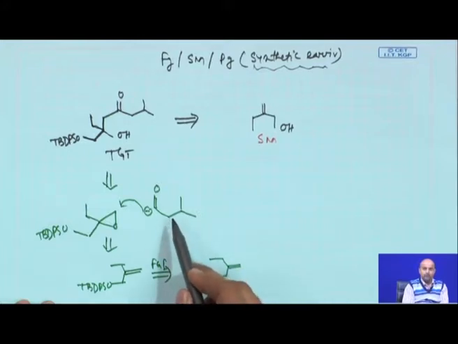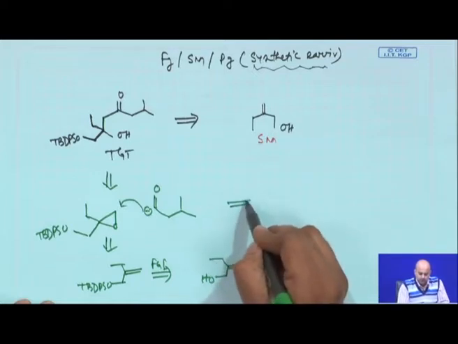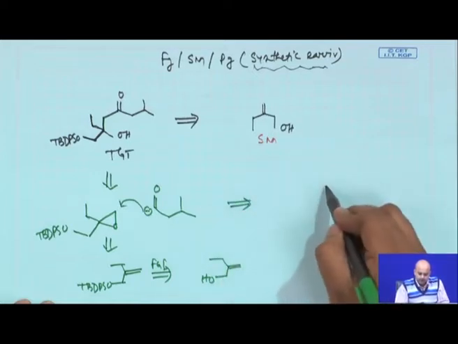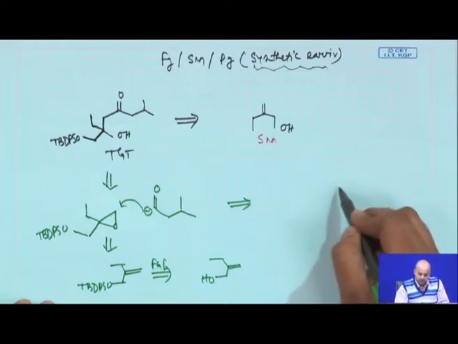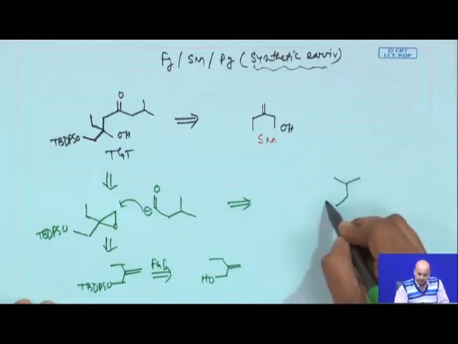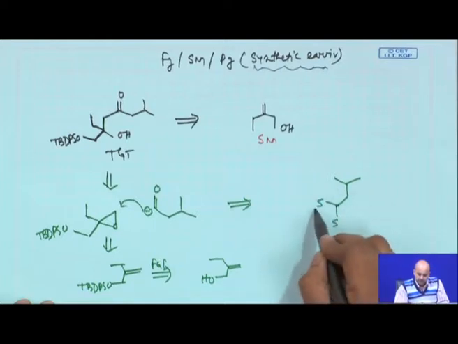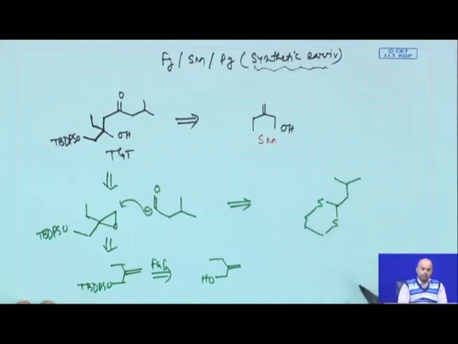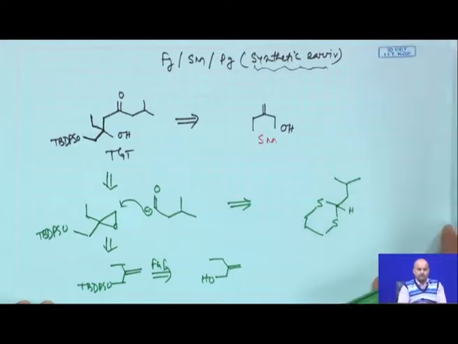Now, this anion you can create by a standard technique, and the best way is to just take the corresponding 1,3-dithiane, which we often explore for the corresponding anion chemistry. So, this part is the hydrogen which will be abstracted and will generate the anion.